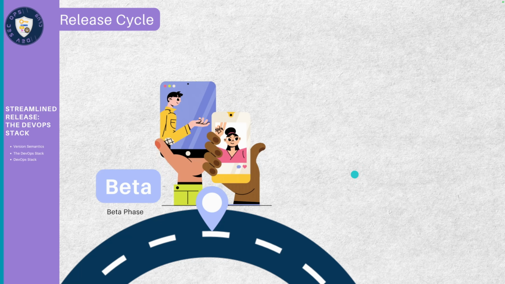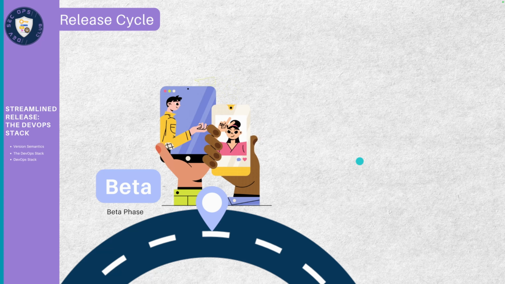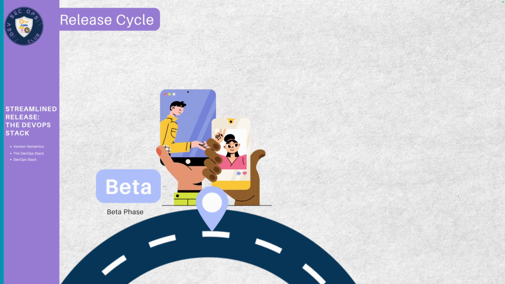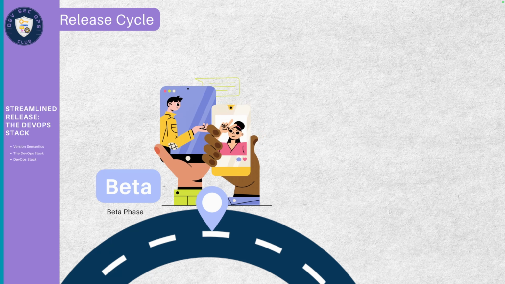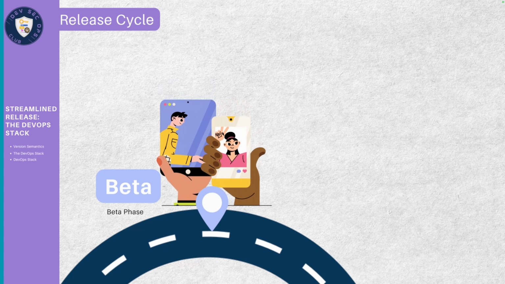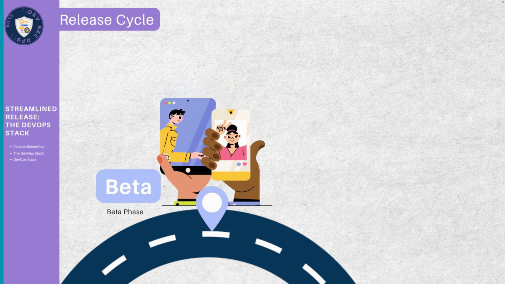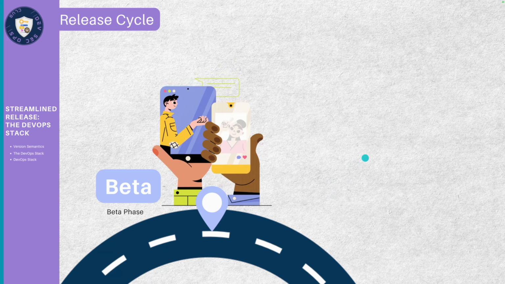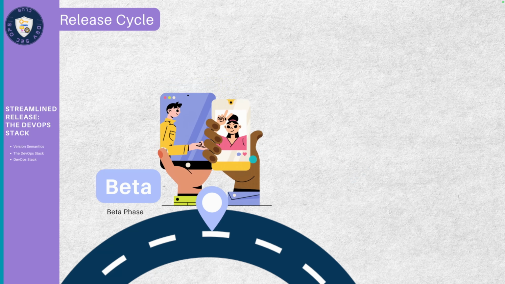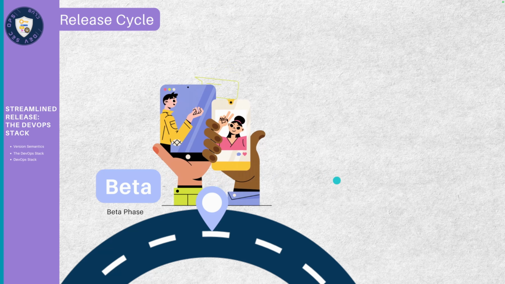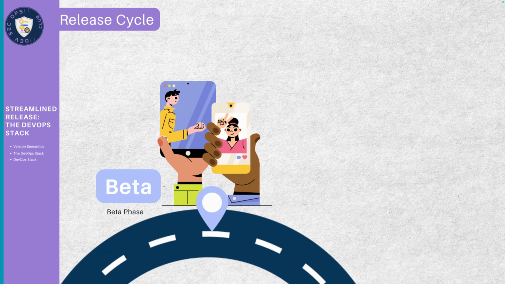Yes, feature freeze. When that moment comes, we decide that no more features will be added for this release. And once that point is reached, the product moves to the beta phase. And in the beta phase, what happens? External users from the real world are involved.